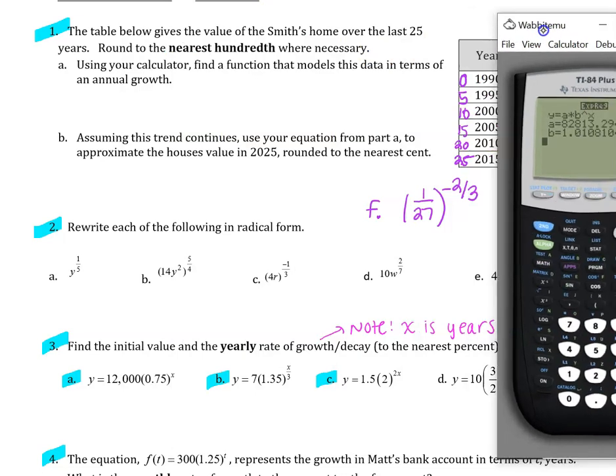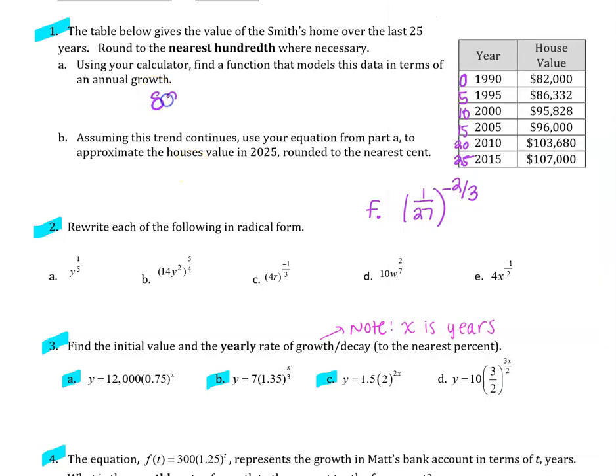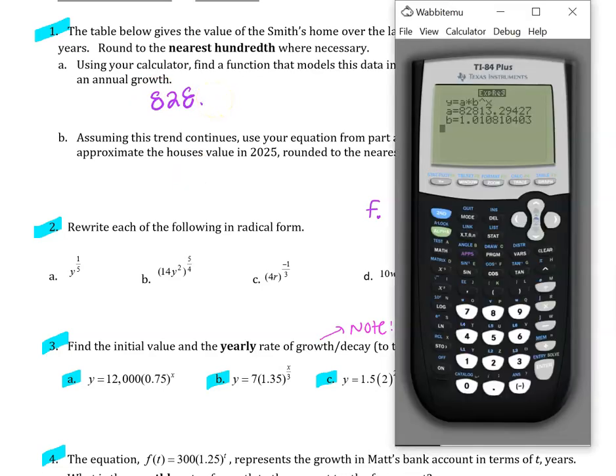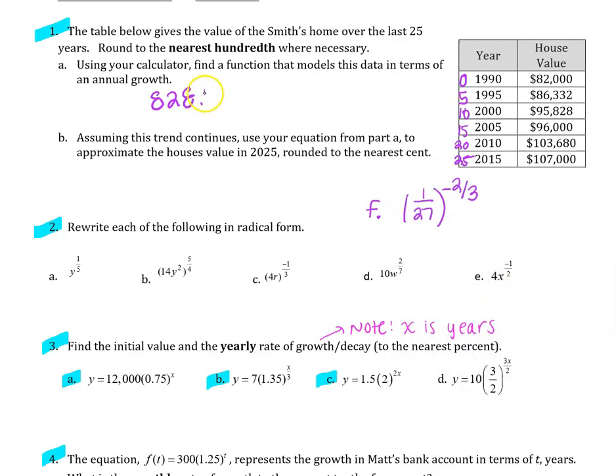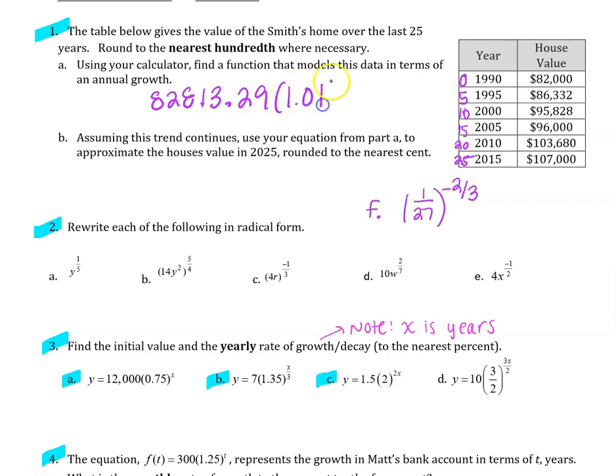So it says round to the nearest hundredth, so we're talking 82813.29 times the base of 1.01 to the x, so y equals that.